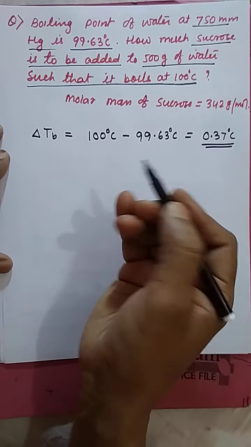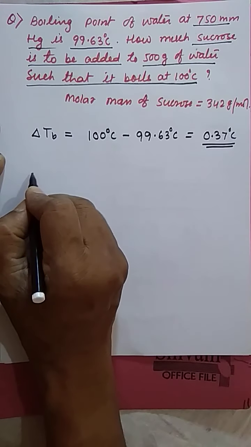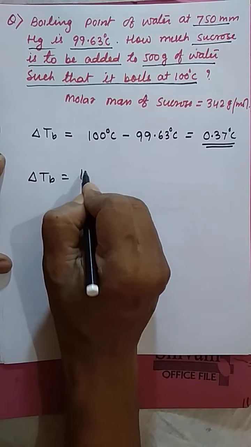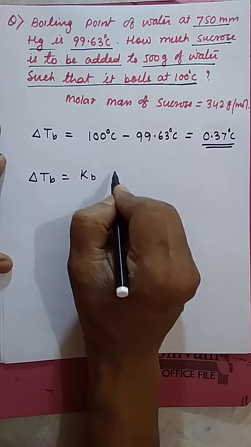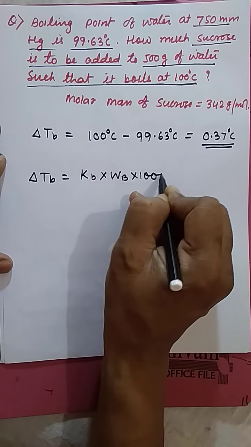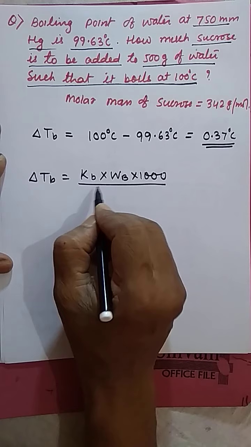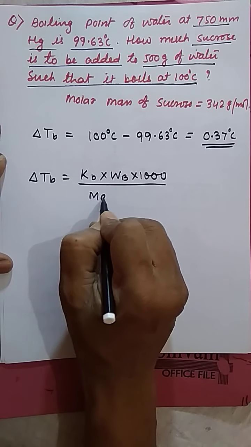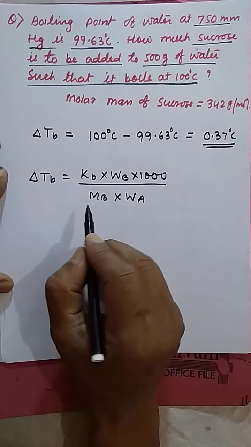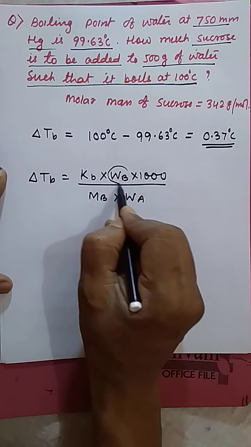But you have to find the amount of sucrose. Now write the formula. Delta Tb is equal to Kb into WB into 1000 upon MB into WA, and you have to find WB.